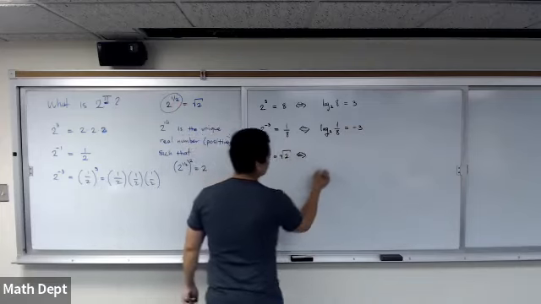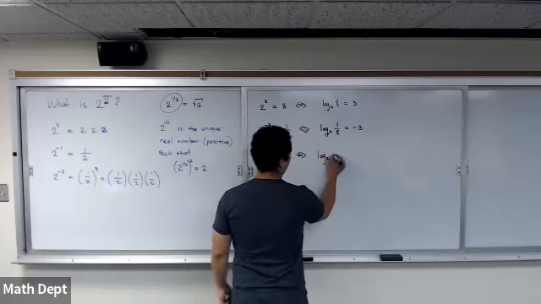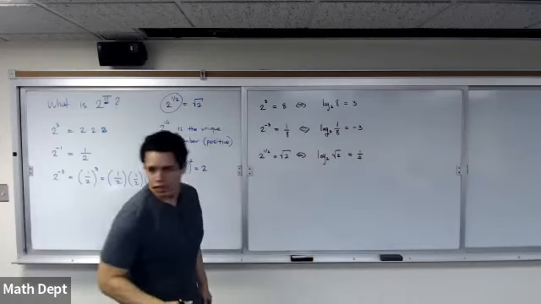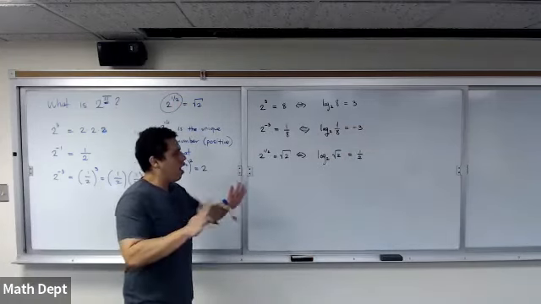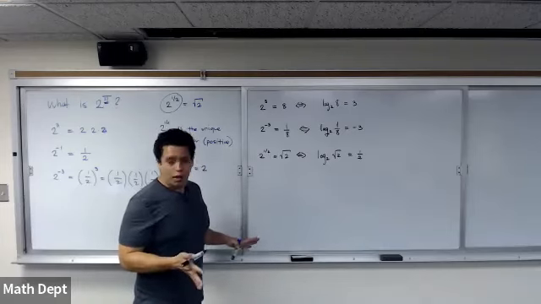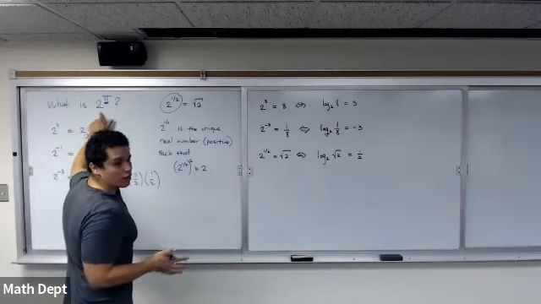Well, that is the same as to say that the logarithm base 2 of the square root of 2 is 1/2. But at this point, we can continue the discussion only with rational numbers. We still have no idea how to interpret this symbol.